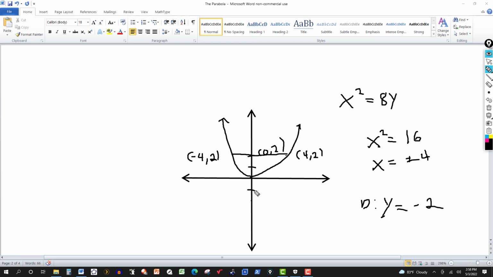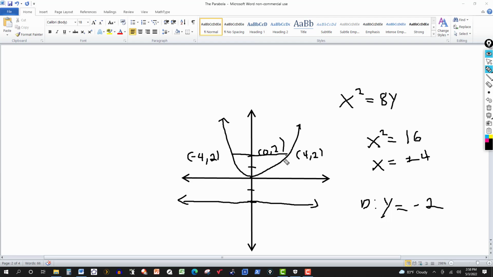So if I go 2 units down here, that's my directrix. And of course, by definition, the parabola is the set of all points that are equidistant from a fixed point, which is the focus, and a fixed line, the directrix.